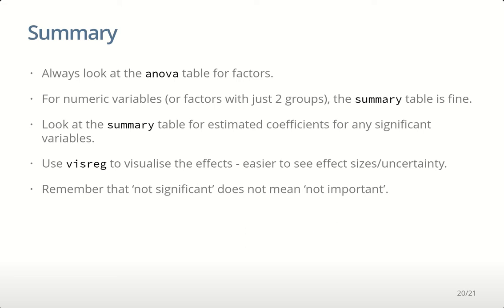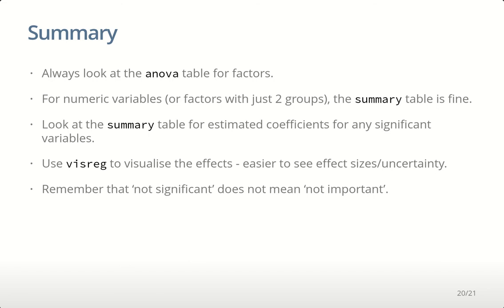And vice versa, right? Significant does not mean important either. The statistical significance of something is really one of the least important things as far as science goes. It's basically saying that from my data I can infer something about the population, but the size of it matters, right? And the size of it does not generally come into the p-value directly.